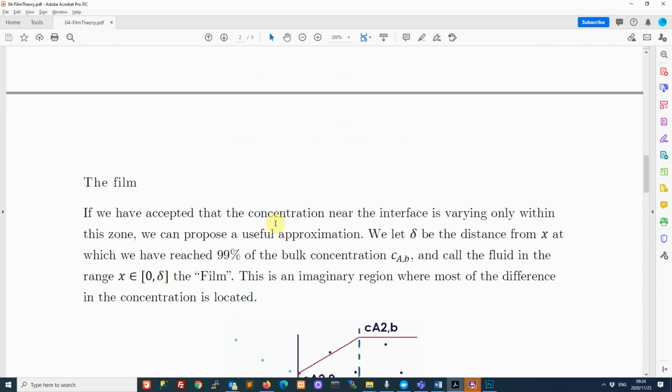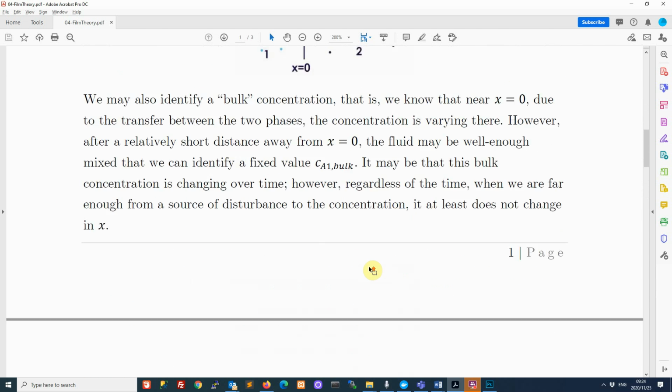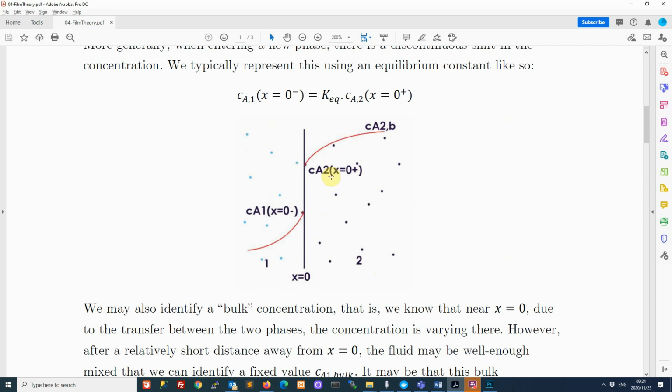And now we want to introduce this notion of the film. What we're trying to do there is simplify this picture. As engineers, we realize that this kind of variation is happening, and I respect that, and I can go ahead and write a mass balance here.